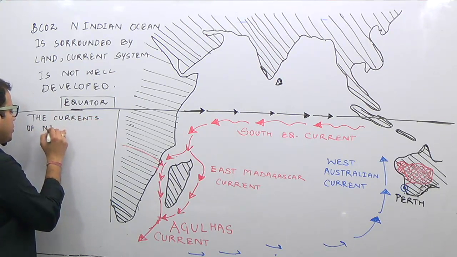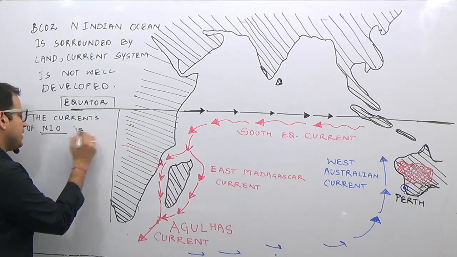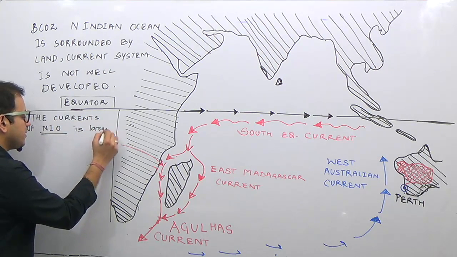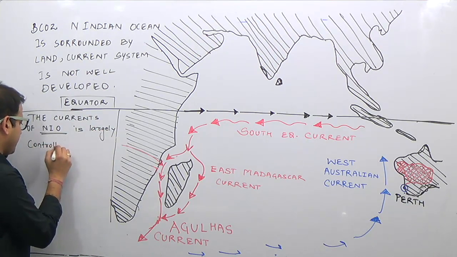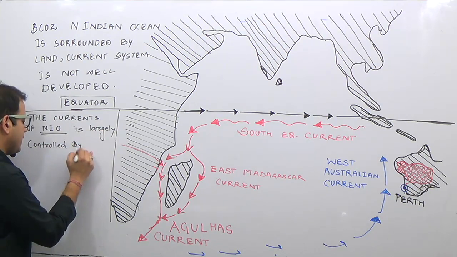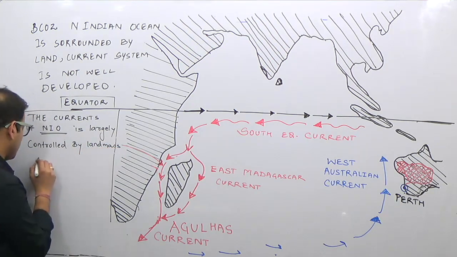I am writing here NIO, that means the North Indian Ocean is largely controlled by landmass and monsoon winds.